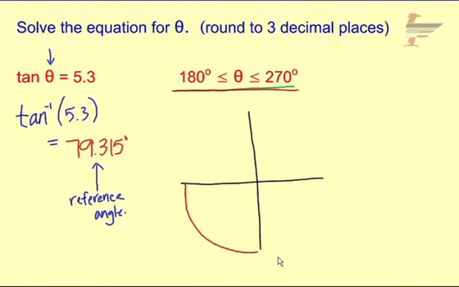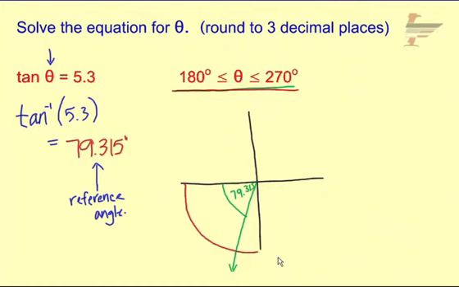We know which quadrant it's going to go in, so keep in mind, reference angles always connect to the x-axis. So if I start at the x-axis, I'm going to go about where I think 79 degrees is. I think it's right there. So this is my 79.315.